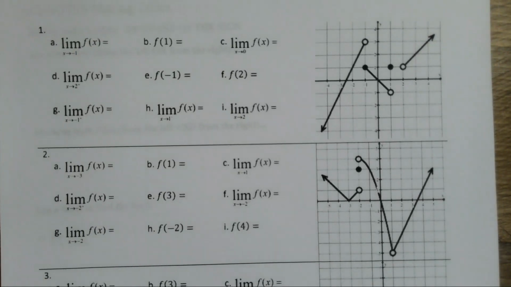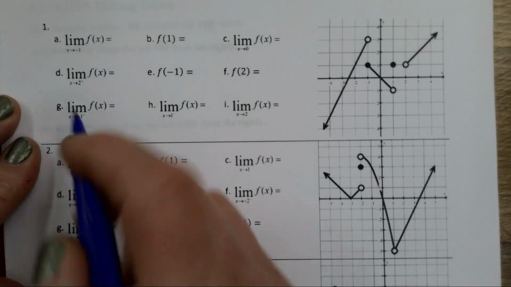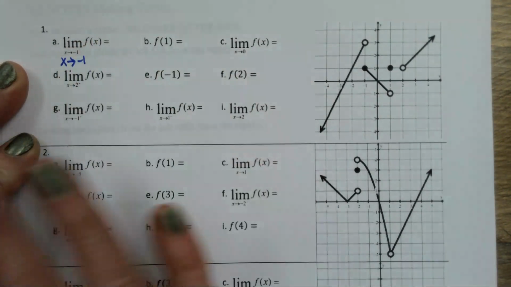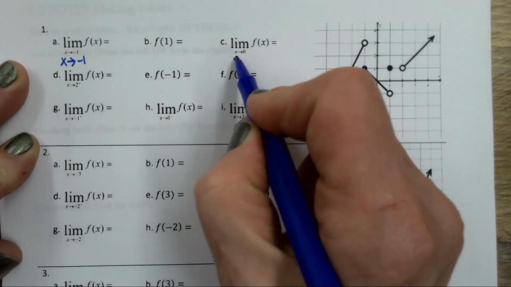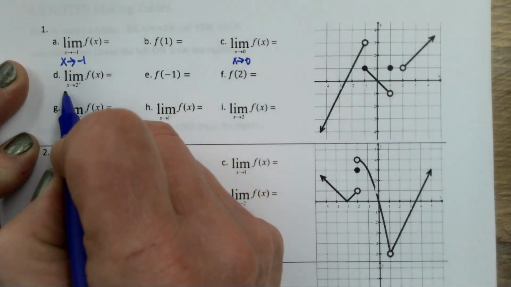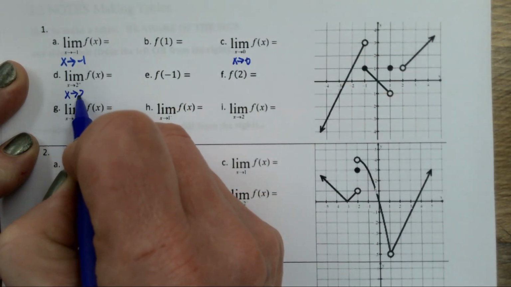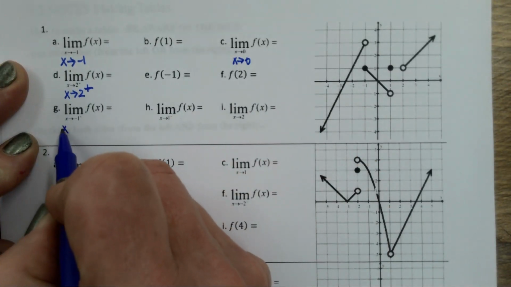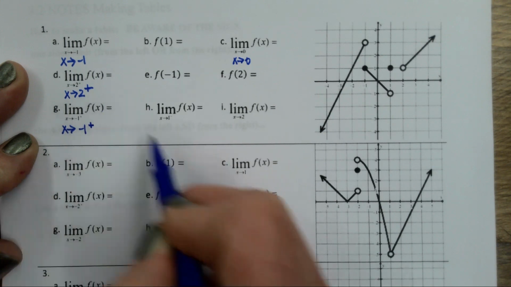I want to do one together. Let's talk through one. Let's make sure that we can read everything here before we commit. This one here is just x approaches -1. It doesn't go from the left to right. This one is x approaches 0. This one is x approaches 2 from the right. Those are values. This is x approaches -1 from the right.